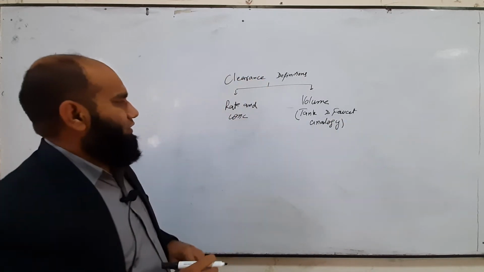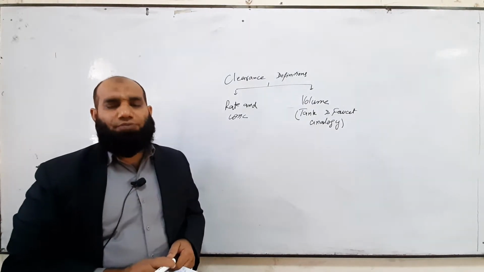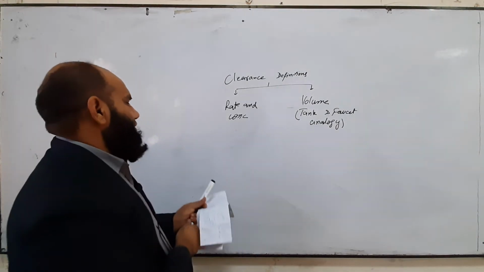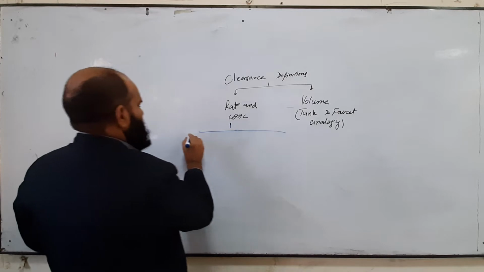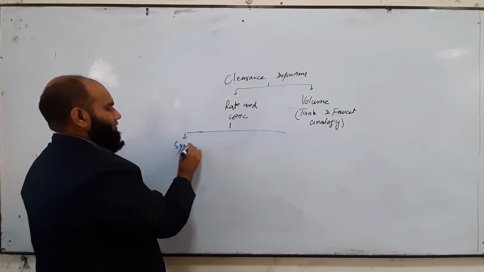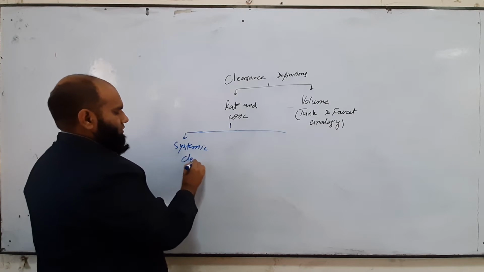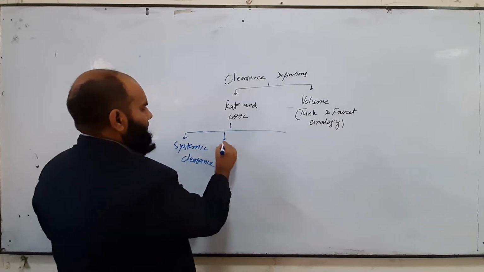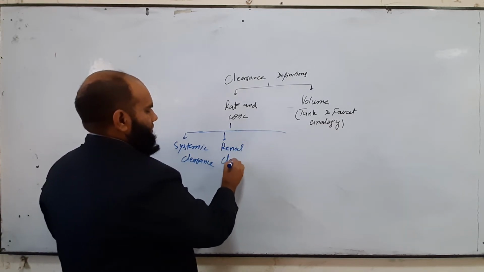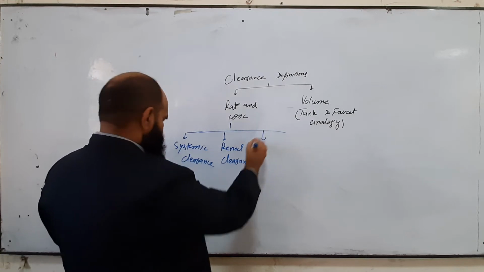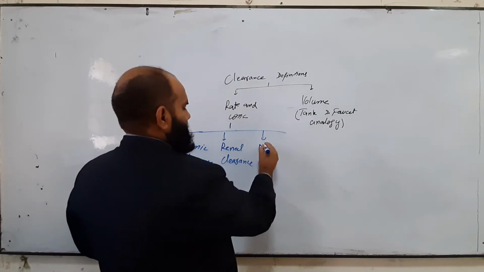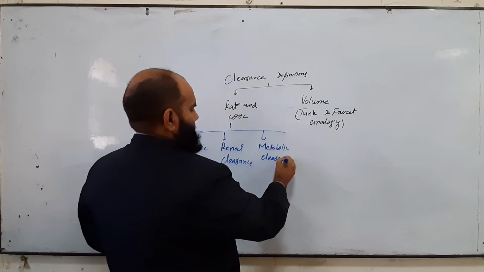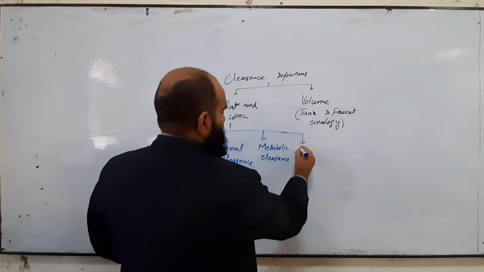Okay, in case of the rate and concentration concept, we can divide it into different subclasses. One is systemic clearance, renal clearance, metabolic clearance, and hepatic clearance.